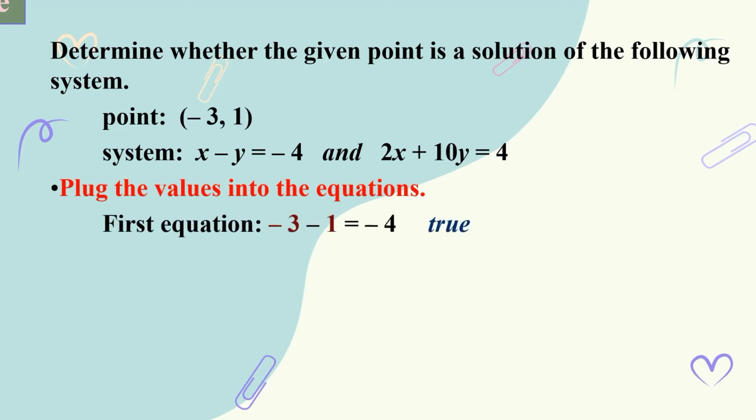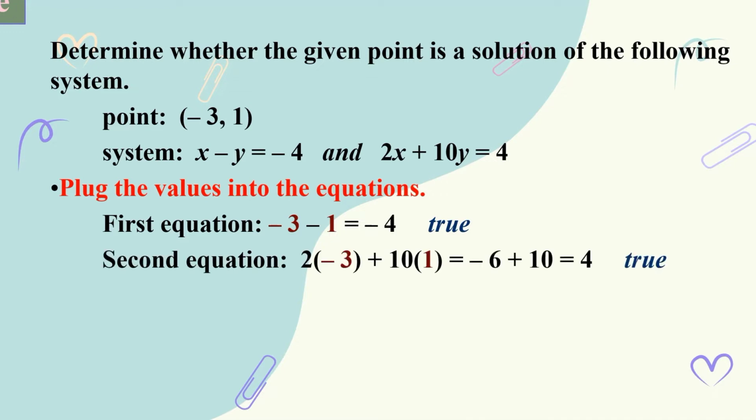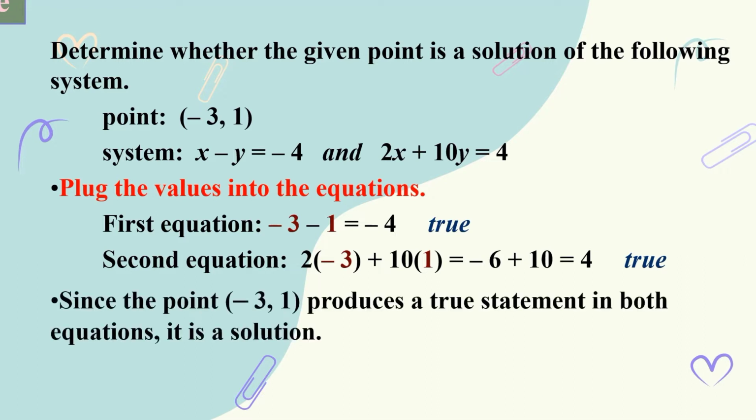First equation: -3 minus 1 equals -4. That is true. Using the substitution method, for the second equation we have 2 times -3 plus 10 times 1 equals -6 plus 10 equals 4. Again, this is true for the second equation. Since the point (-3, 1) produces a true statement in both equations, it is a solution.